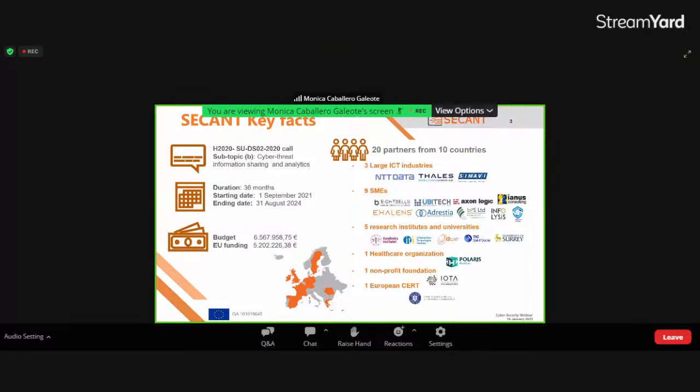To do that, it has a consortium of 20 partners from 10 different countries involving large ICT industries. We also have a great number of SMEs, research institutes and universities, healthcare organizations, non-profit organizations, and the Romanian CERT.